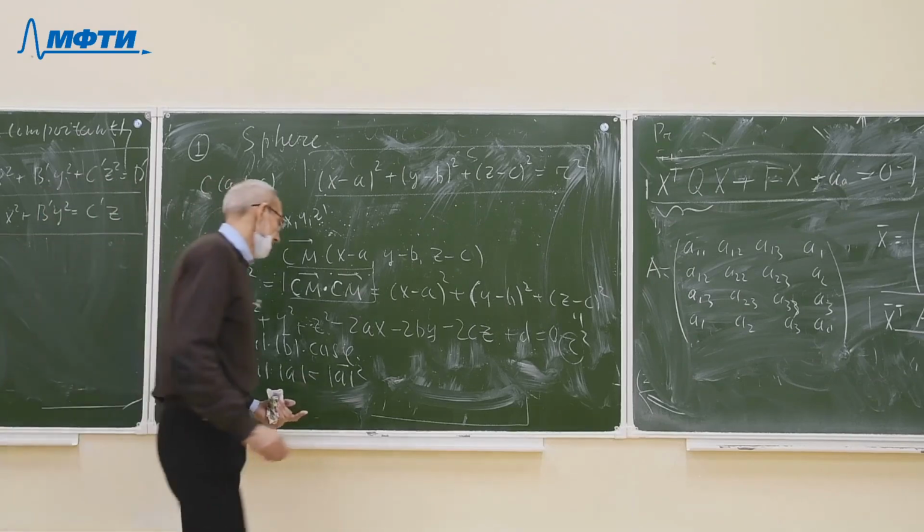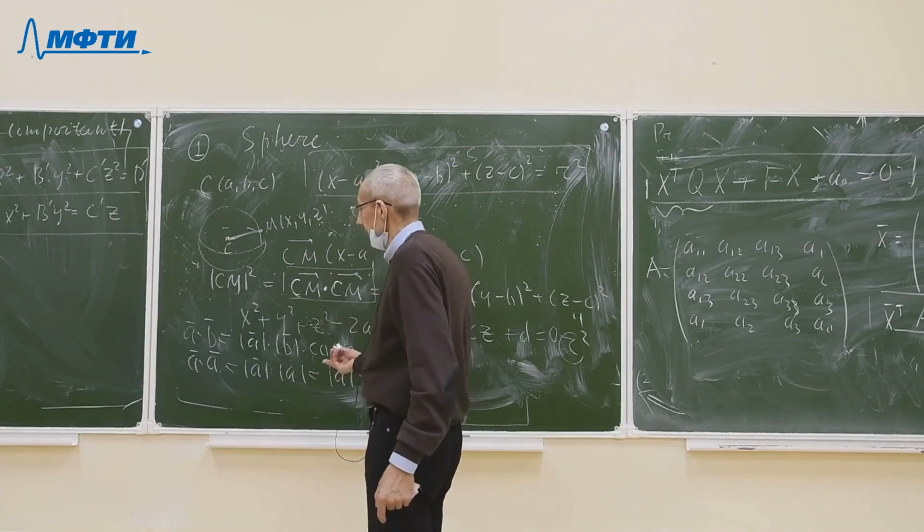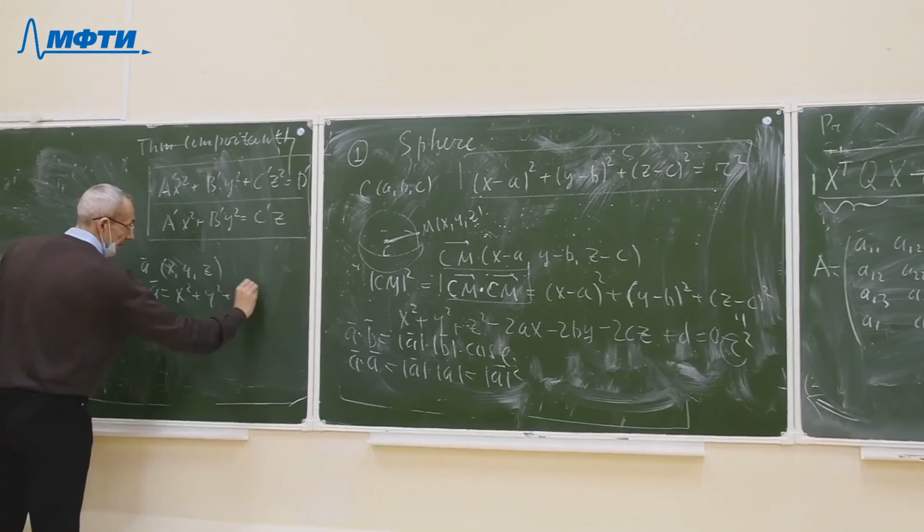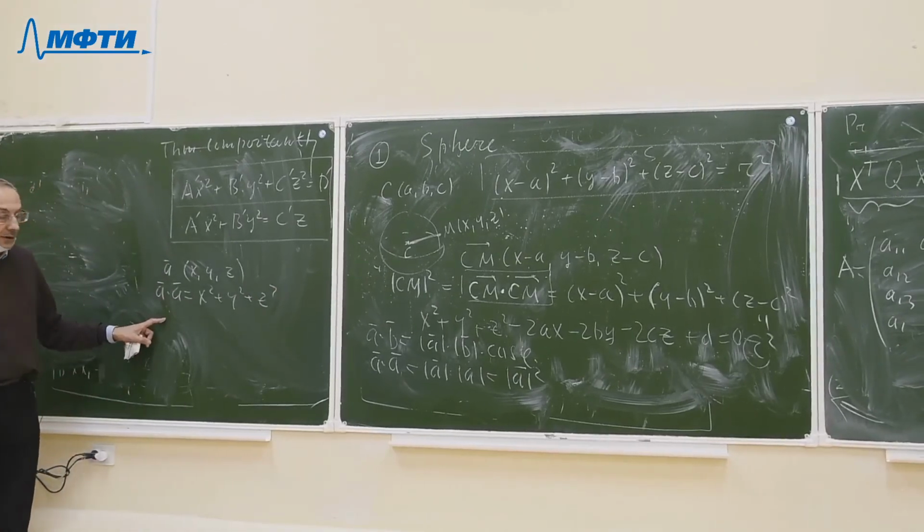And if the vector A has coordinates x, y, z, then A dot A is equal to x squared plus y squared plus z squared. I use only these two formulas.